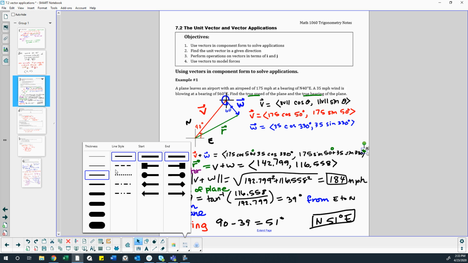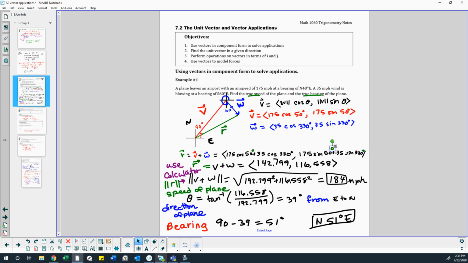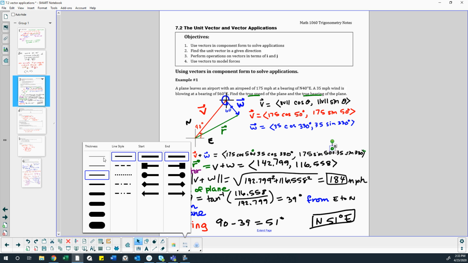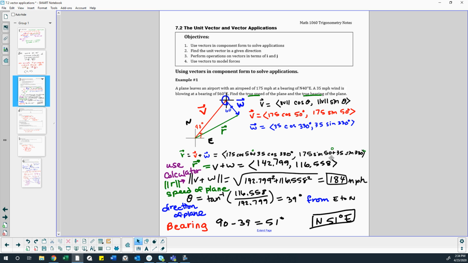Next, we want to find the magnitude and direction of this vector, and right now all we have is component form for the vector. So we want to change our component form to the magnitude and direction. Actually, angle is direction.